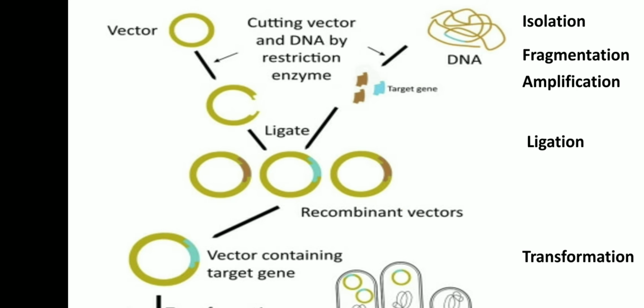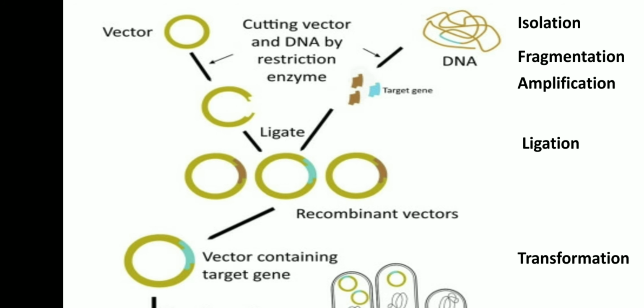Now the vector DNA is also cut by the same restriction enzyme and separated by the electrophoresis process. Then this vector DNA, the desired vector, and the source DNA, the target DNA, are ligated using the ligation process. How does ligation occur? Using the DNA ligase enzyme, ligation occurs and forms recombinant DNA.